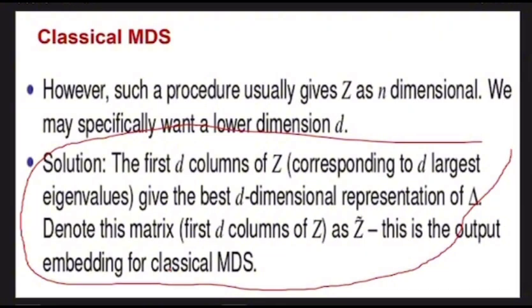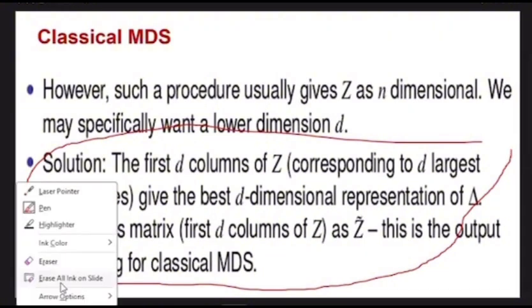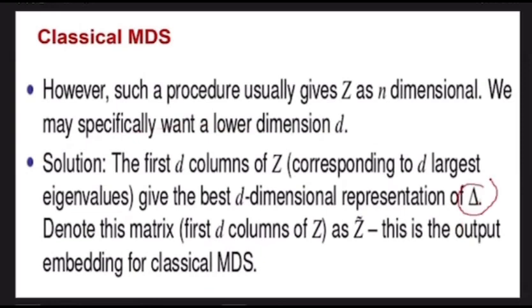Now, when I say the best representation, don't forget this guy is the original dissimilarity, the dissimilarity in the original data set. And the original data set is high dimensional, so can we have a way to represent the dissimilarity in the high dimensional data set in a lower dimensional data set? That is the idea, and that is the reason why we're interested in that.